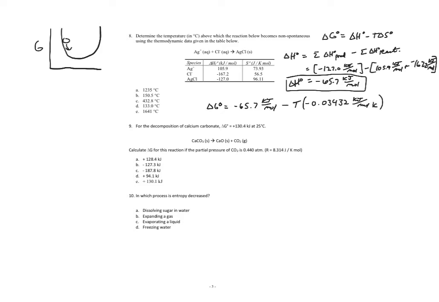At some point, if we are moving to it becoming non-spontaneous, we can think about that as a ball rolling up a hill. All right, and what we know is that that doesn't really happen, right? You would have to provide some energy to the ball to get it to roll up a hill. So the same is true for reactions.